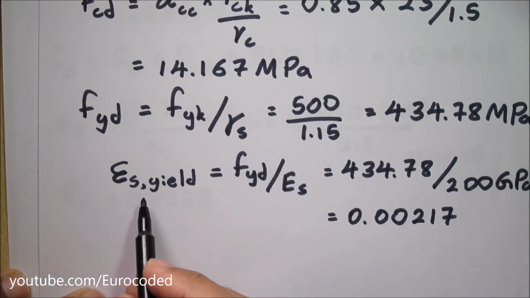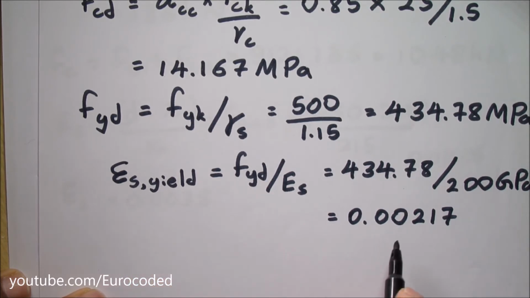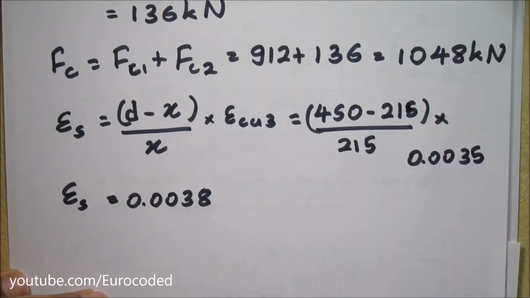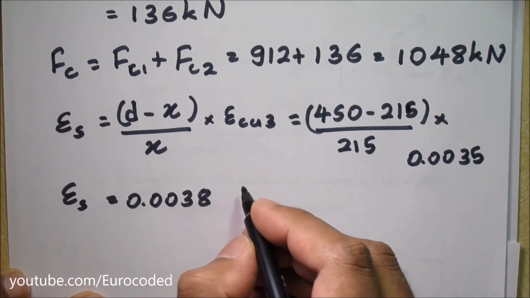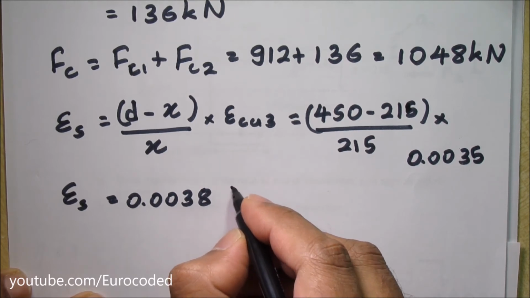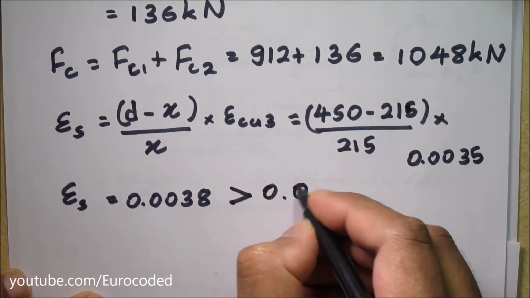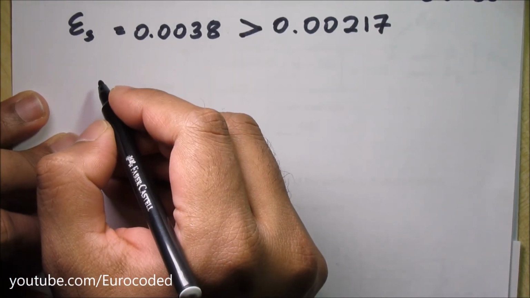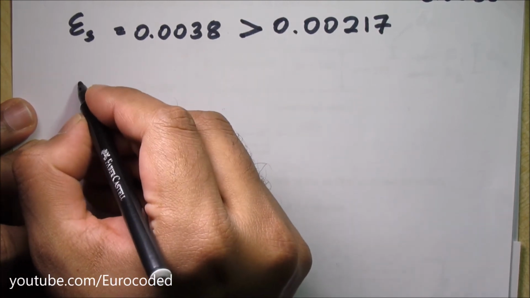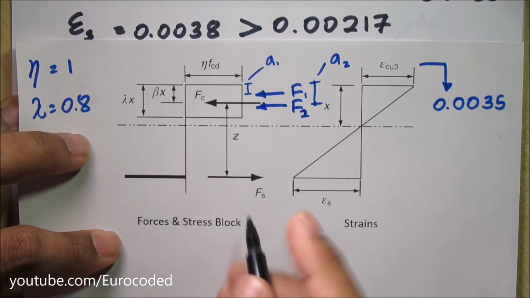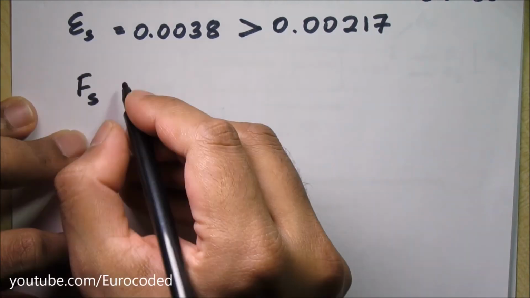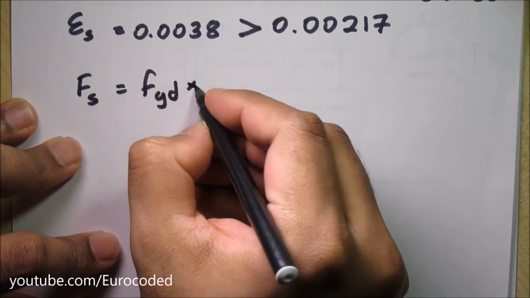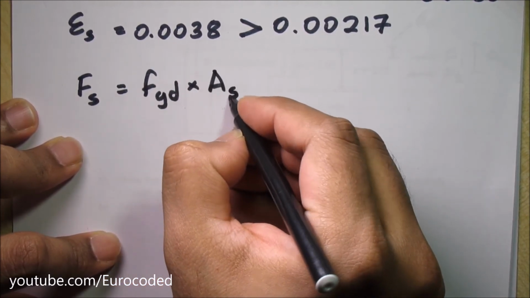Previously we calculated the yield strain in reinforcement as this value, 0.00217, so it is clear that this reinforcement is yielding because this is bigger than 0.00217. Now we can calculate the force in reinforcement, which is Fs. Fs is equal to Fyd times area of reinforcement.